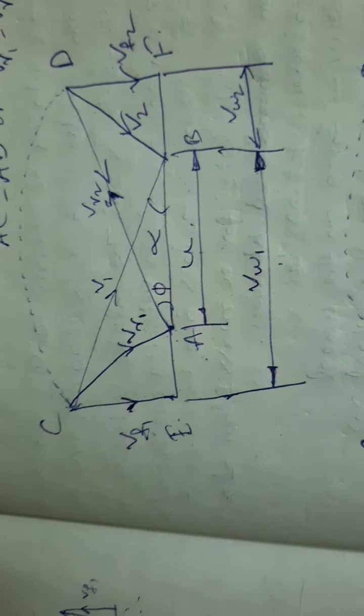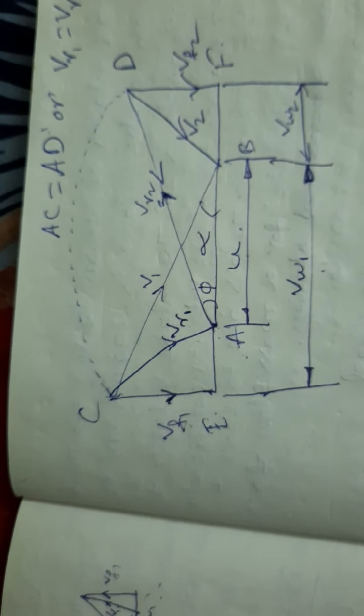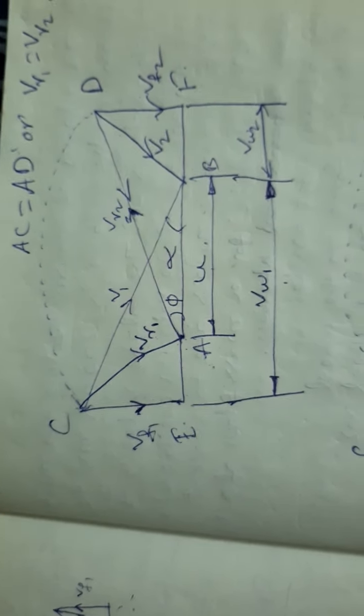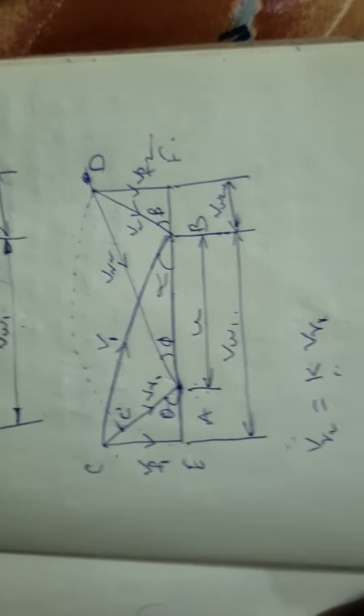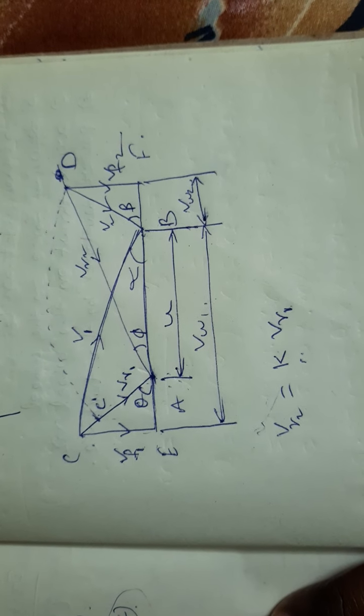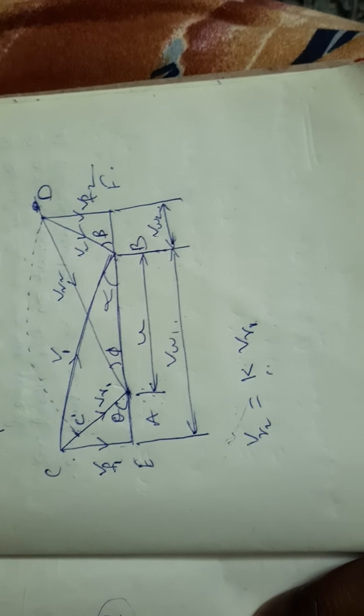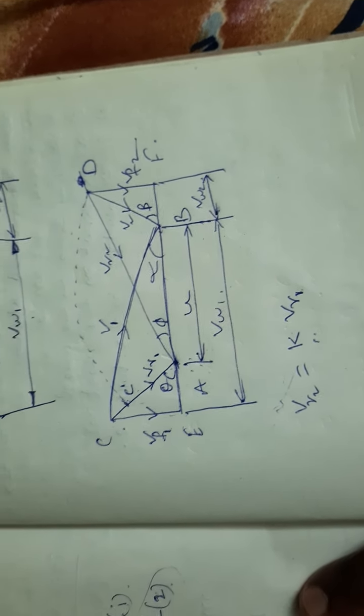The construction procedure is almost the same for both, one practical and one theoretical. That is the difference between the combined velocity triangle when we are not considering the friction and when we are considering the friction. So we have completed the combined velocity triangles for the impulse turbine.